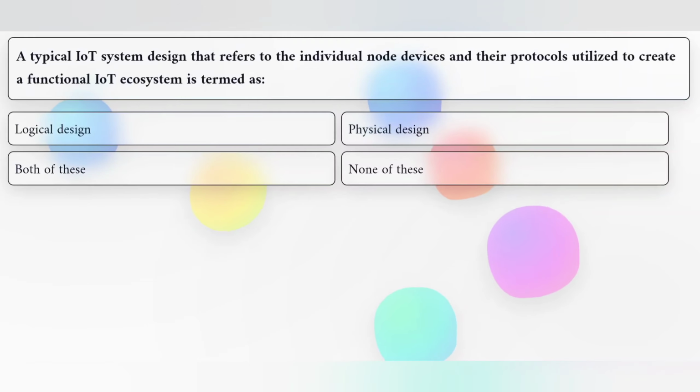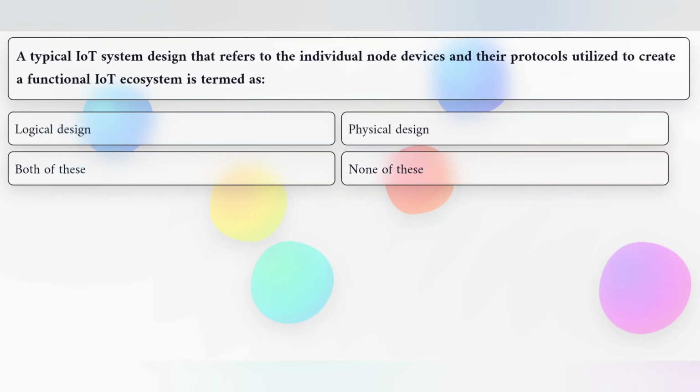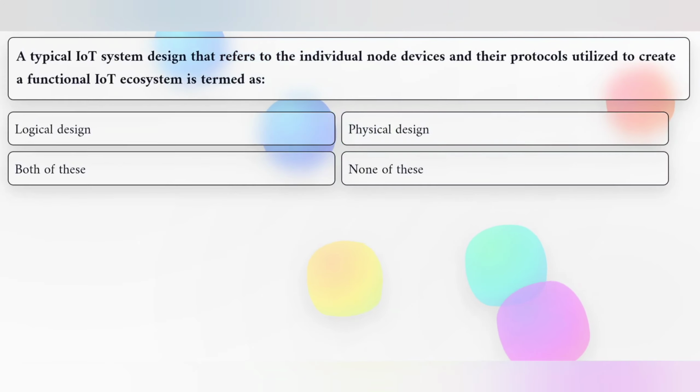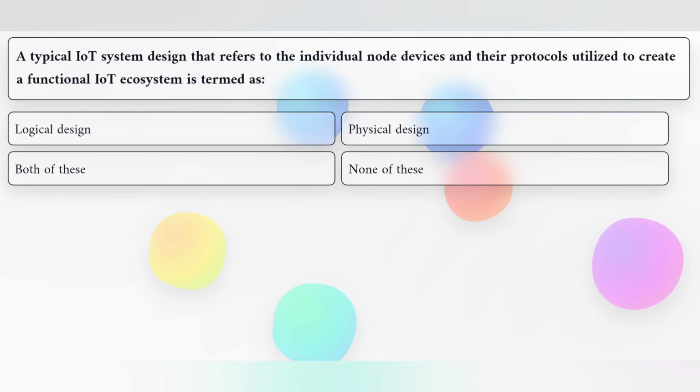A typical IoT system design that refers to the individual node devices and their protocols utilized to create a functional IoT ecosystem is termed as logical design, physical design, both of these, none of these.